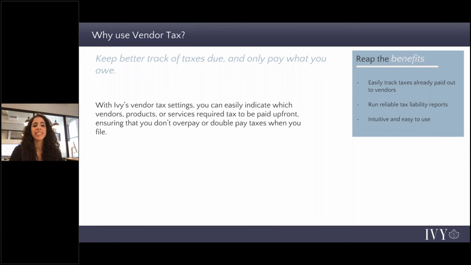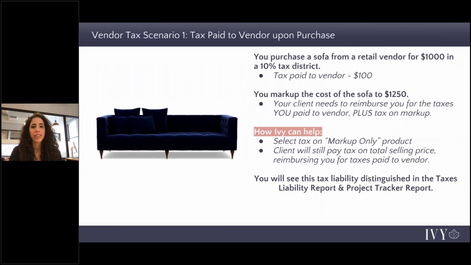And vendor tax. This is an amazing way for you to identify tax paid upon purchase to vendor and reimbursing the tax that was paid. So you're not collecting tax twice, you're simply collecting the reimbursement. So you could do this on the vendor level, indicating that the vendor charges tax, and then on any corresponding product or service, indicating markup only will allow us to know tax paid to vendor was X, tax paid by client on the markup was X, client is still paying the total taxable amount.